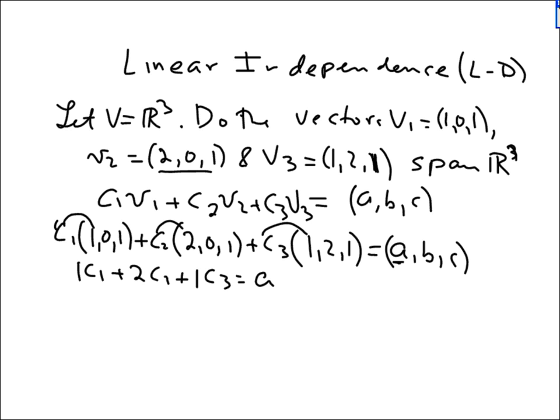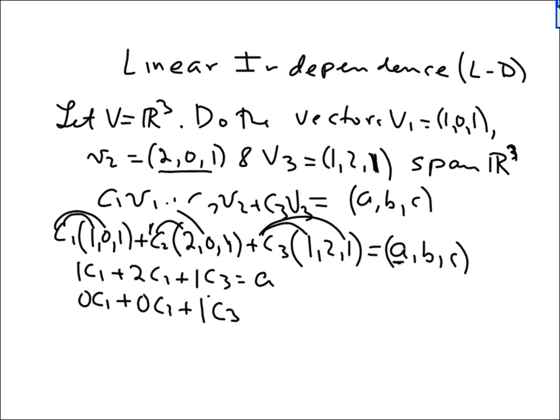You're also going to get, for the second component, 0 times C1 plus 0 times C2 plus C3 times 1.